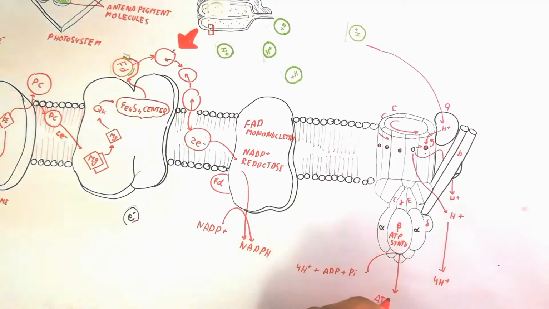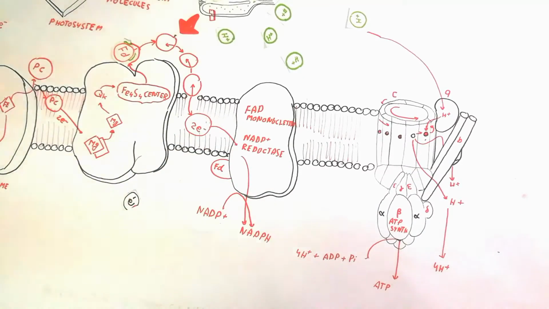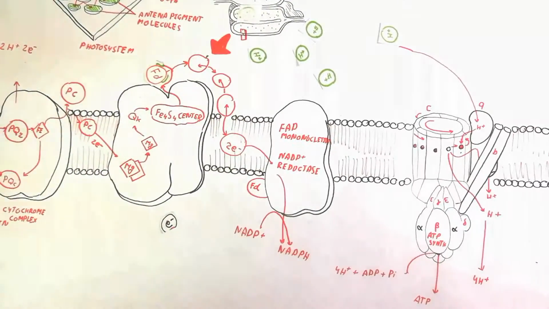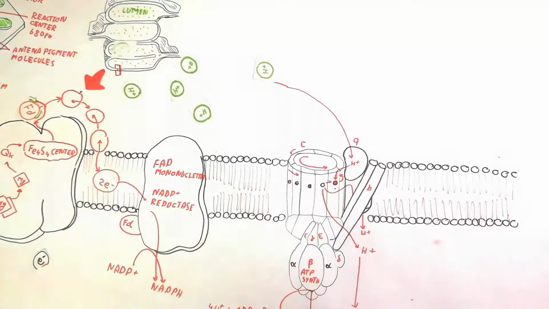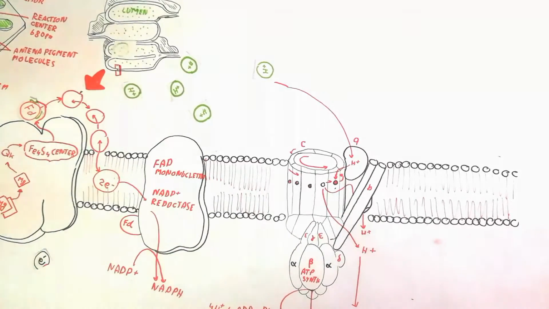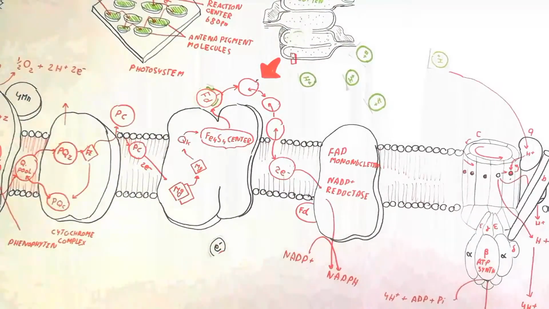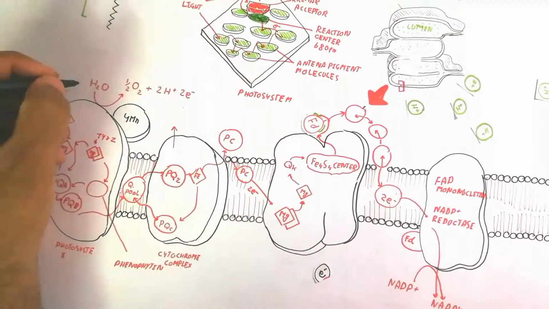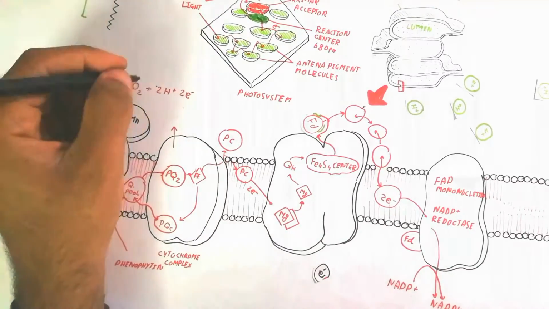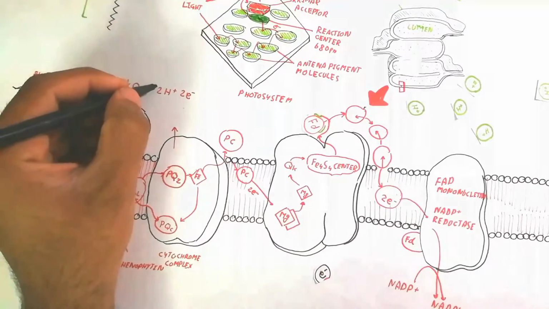So the beta subunit is responsible for ATP synthesis by 4 protons. 4 protons are used for 1 ATP. It means 2 molecules of water will be hydrolyzed and give 4 protons, and these 4 protons make 1 ATP.